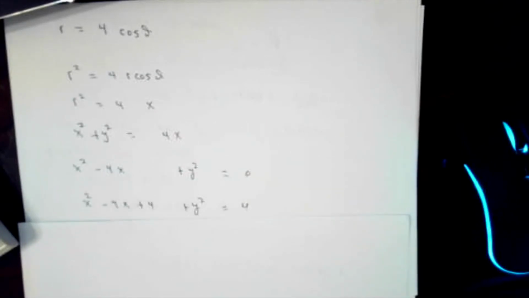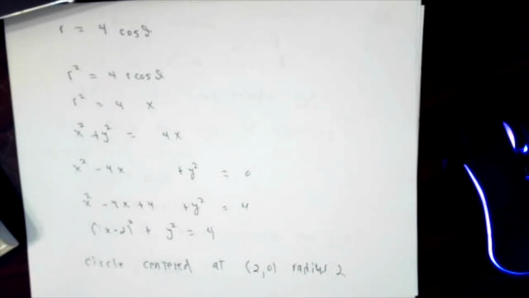My equation now reads x squared plus y squared equals 4x, which I can rearrange to this, which I can complete the square on, which I can turn into (x minus 2) squared plus y squared equals 4. So it really is a circle. It's a circle with a center at x equals 2, y equals 0, and the radius was 2.